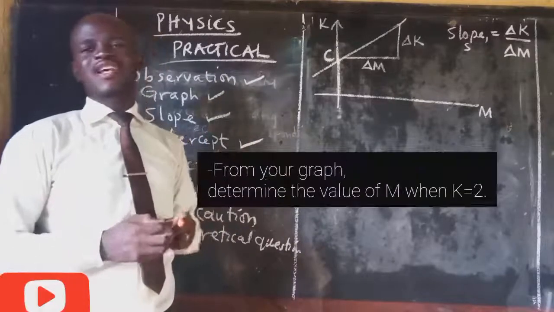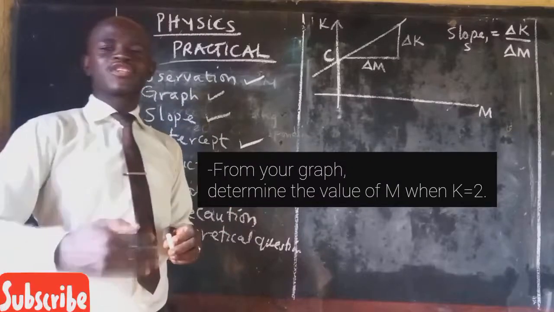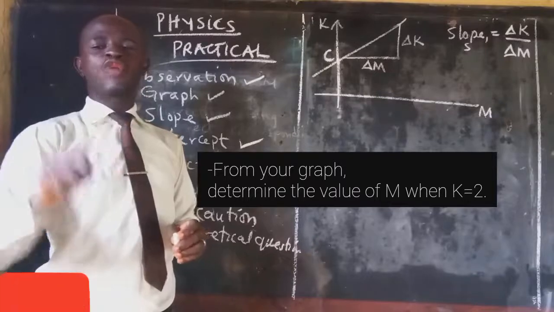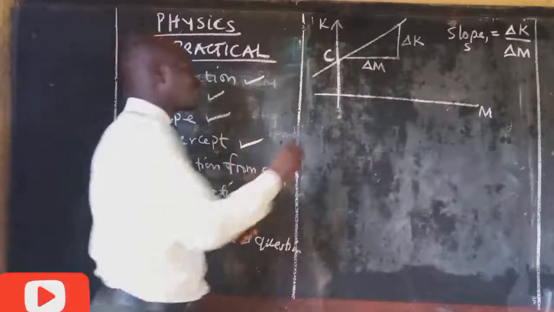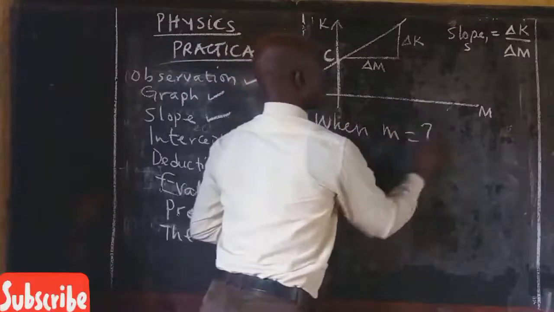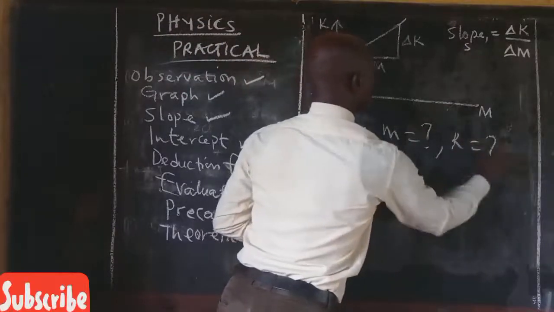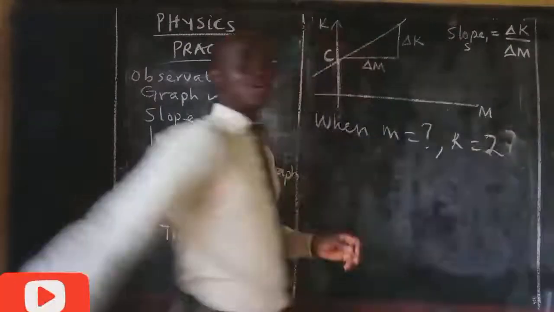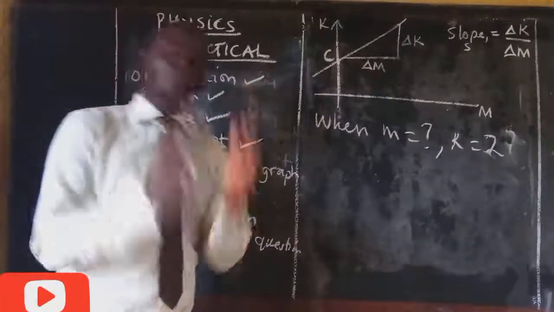Let's say the question says, from your graph, determine the value of M when K equals 2. So what is the value of M when K equals 2?